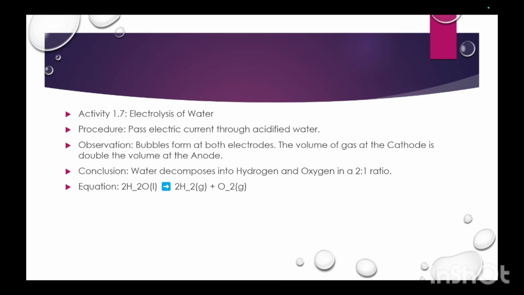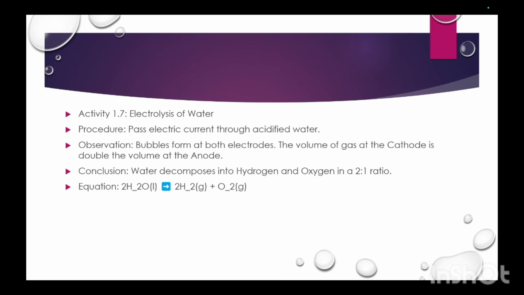The volume of the gas at the cathode is double the volume at the anode. Why do you find that the bubbles at the cathode are double compared to the anode? It happens because, in H2O, the ratio between hydrogen and oxygen is 2:1. When two bubbles of hydrogen are formed, one bubble of oxygen is formed.